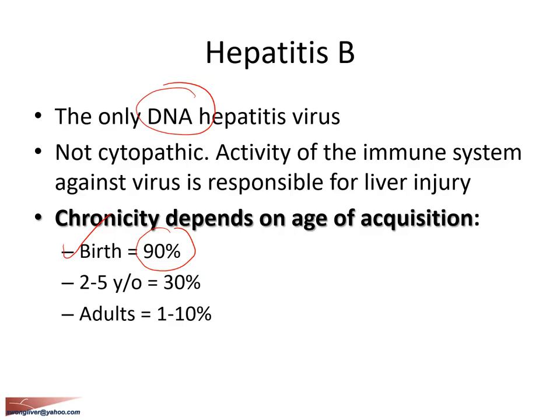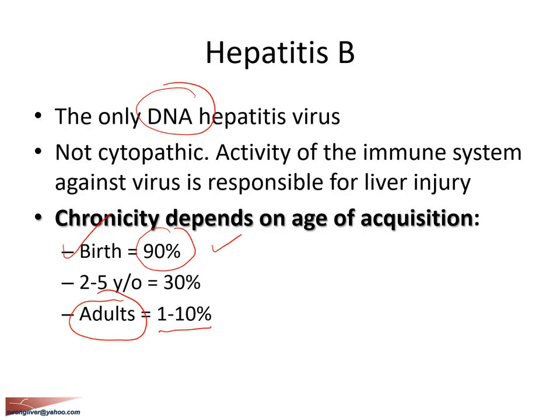Okay. In comparison, if you're an adult and you get hepatitis B, usually through horizontal transmission, either through needle stick injury or maybe through sexual means, your immune system is more mature. So it will be able to fight off the virus more effectively, and therefore your chance of chronicity is lower compared to a patient who is perinatally infected.